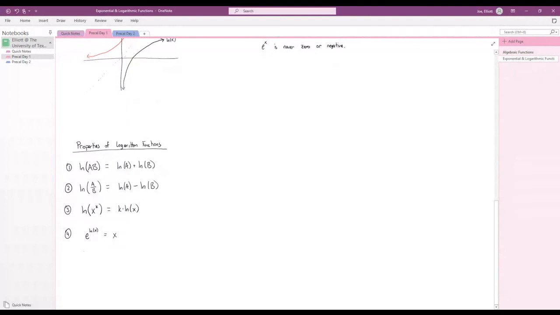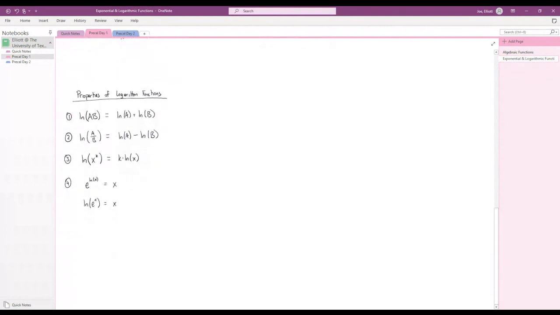It works the other way around too: if you have the natural log of e to the x, when you put them together like that, the natural log and the e cancel each other out and leave you with whatever was in the exponent of e. These are some of the properties I wanted to mention. Again, these properties hold for a logarithm of any other base. These two properties down here would be written like this, for instance.